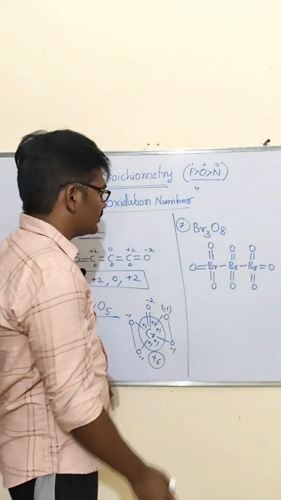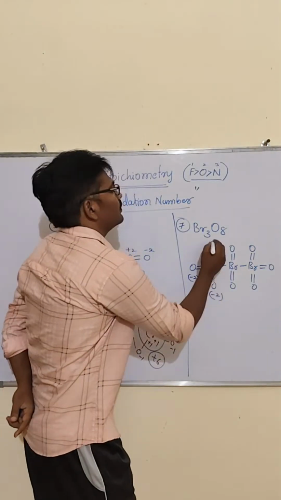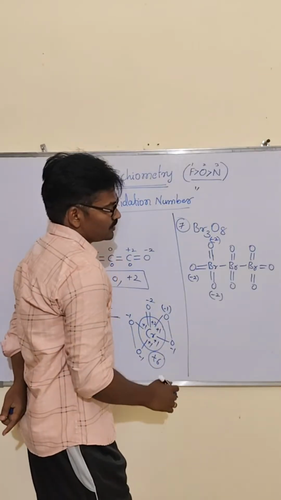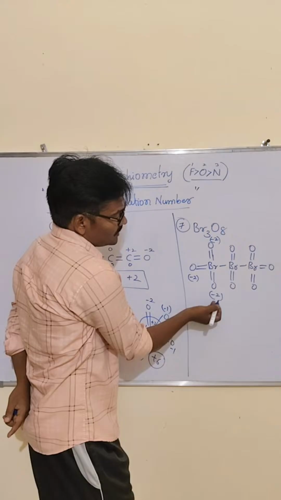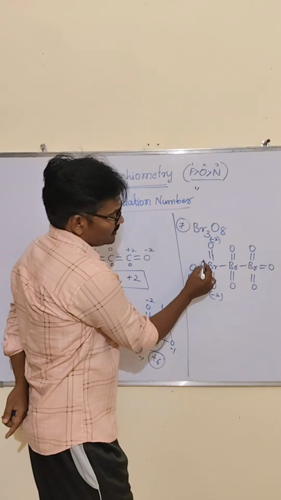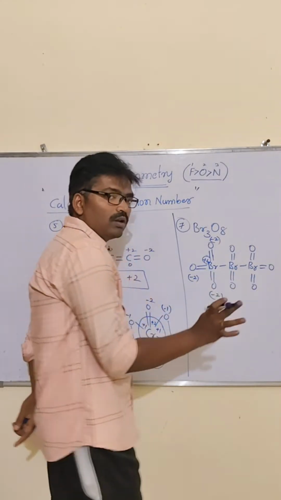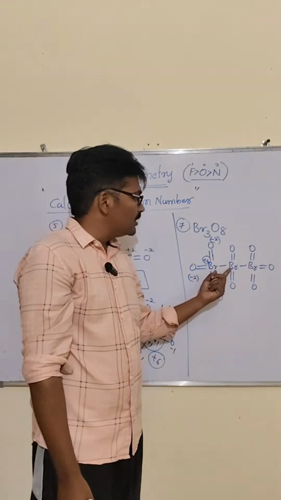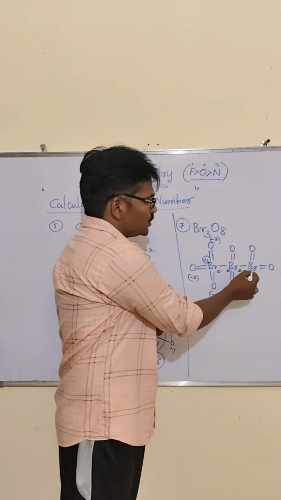So look here, -2 oxidation state for this, -2, then -2, then the middle bromine, -2, -2, -2. Then here you can get +6 on this bromine. Between the bromines there is a bond, and both have the same electronegativity, so between them it is 0, 0. Even here also 0, 0.